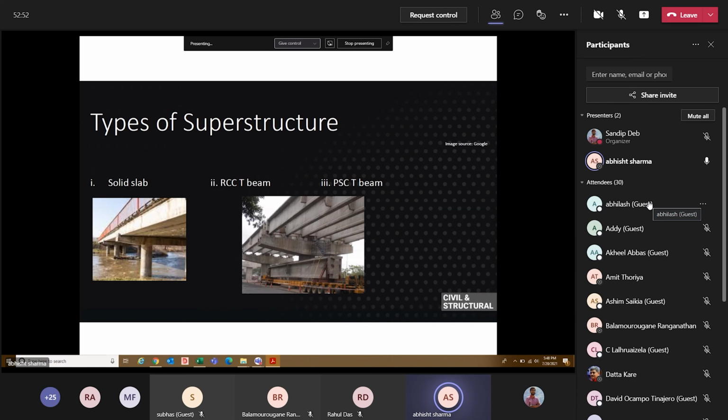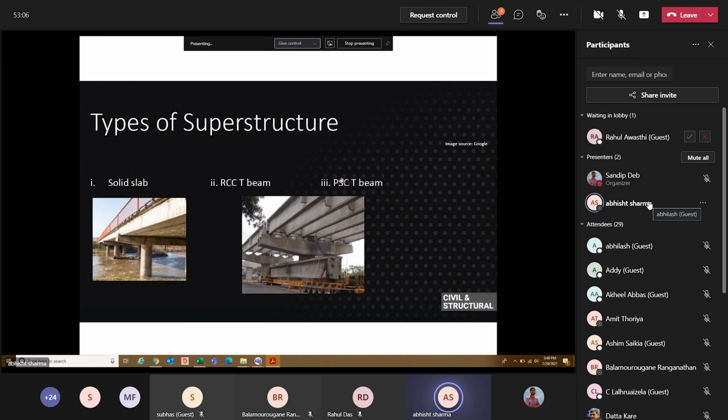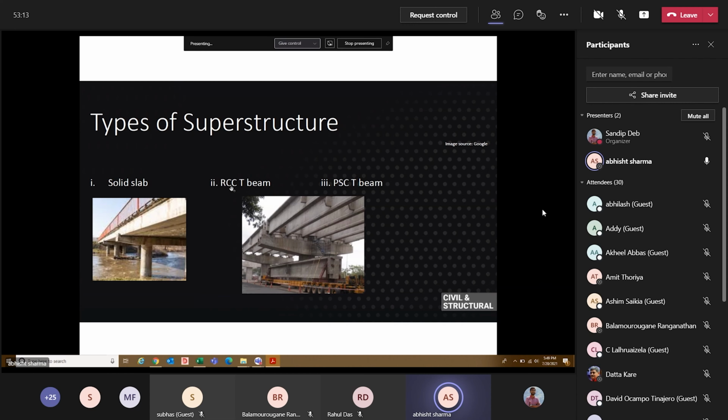Then, types of superstructure; you may have seen these things. This is a typical solid slab that we have. This is a pier and a pier cap. These are the T-beams. The basic difference between RCC and PSC is that in PSC we will have these pre-stressed cables, and in RCC we will only have the reinforced steel.